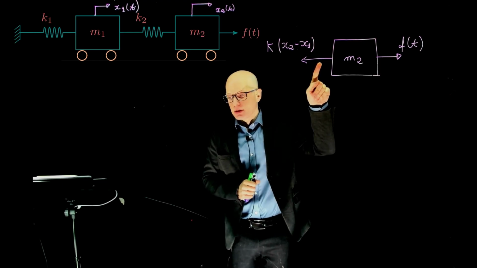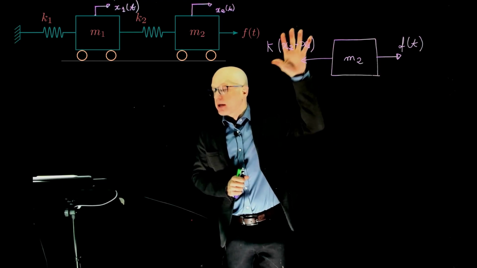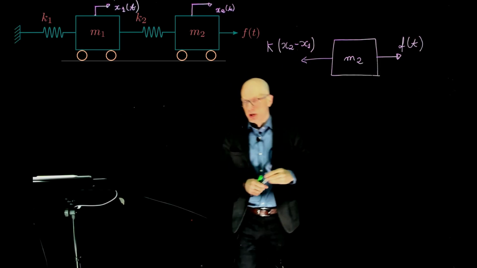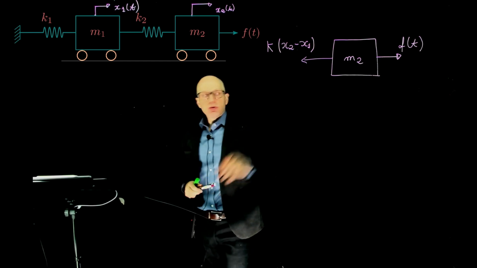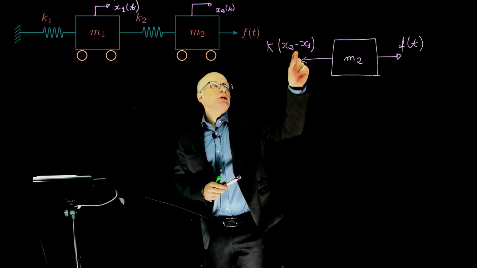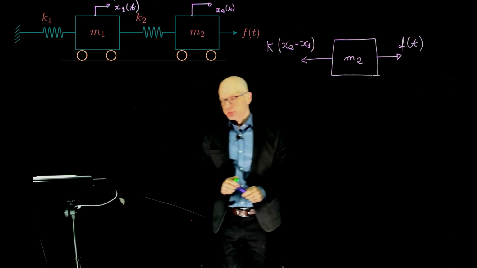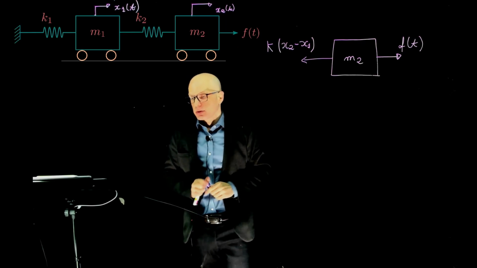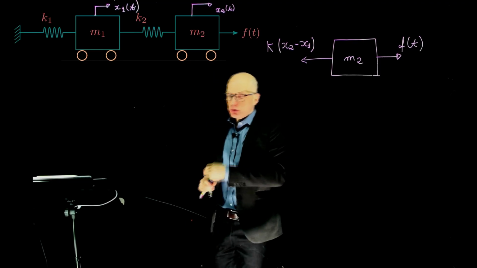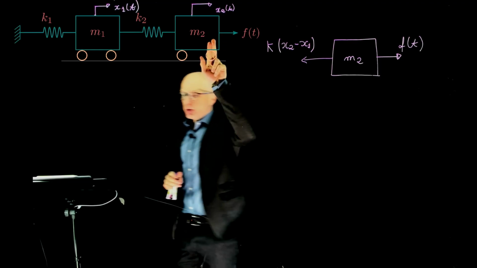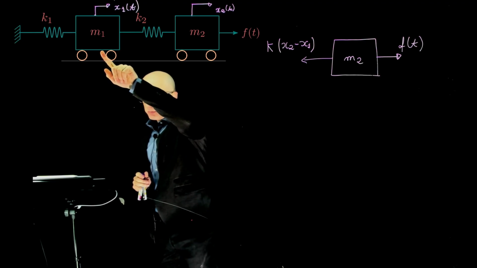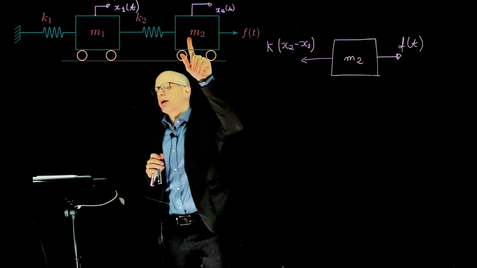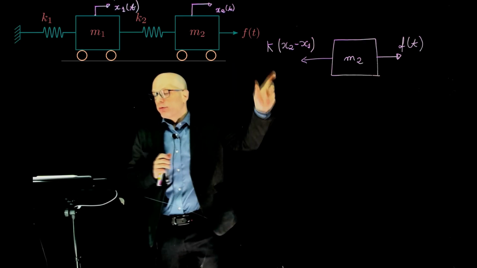The arrow gives the direction, the magnitude is given here. Magnitude is always positive. If the magnitude is negative, the arrow should be pointing in the other direction. An intuitive way to do this, which is not totally accurate, but it helps, is to assume that, for example, here, F of t moves the mass to the right. So in the beginning of motion, mass m2 will move more than mass m1, because the force is applied to it, it will move first.